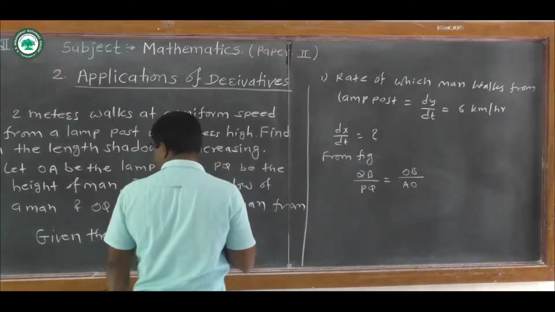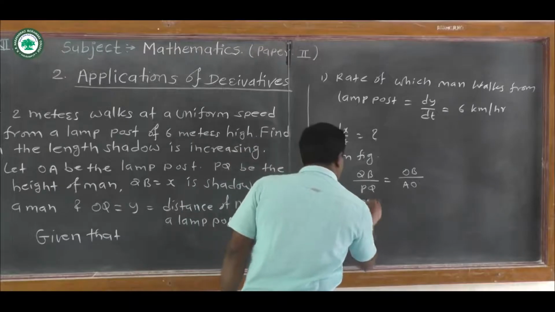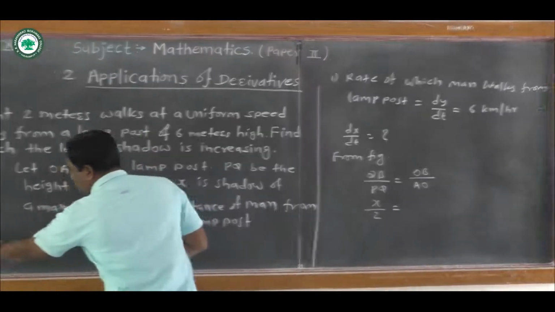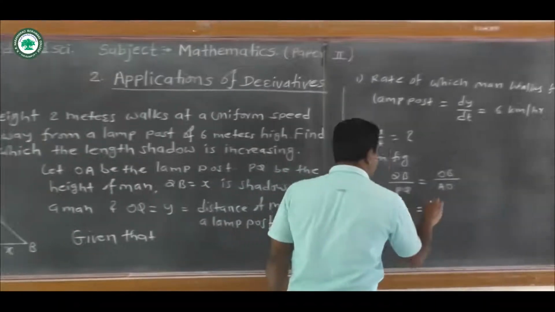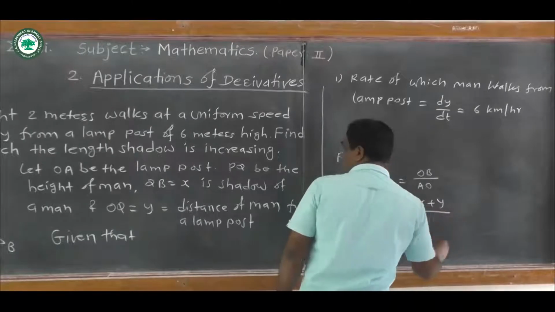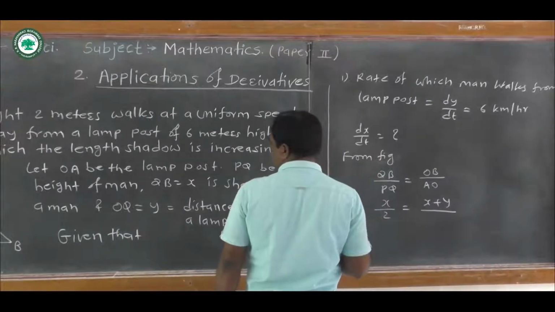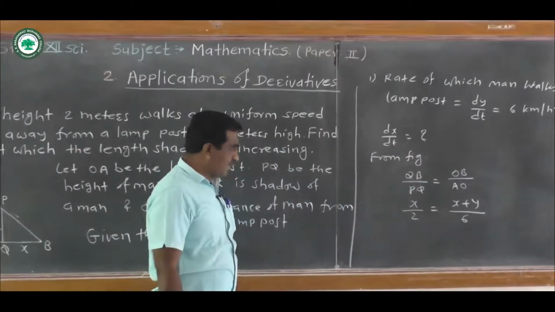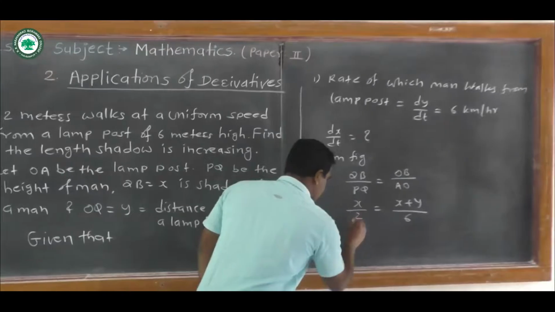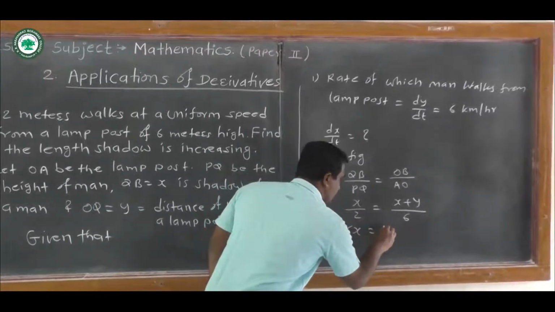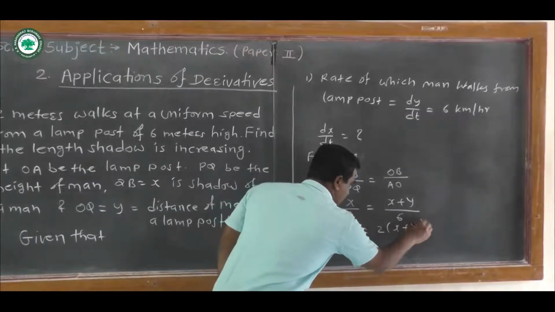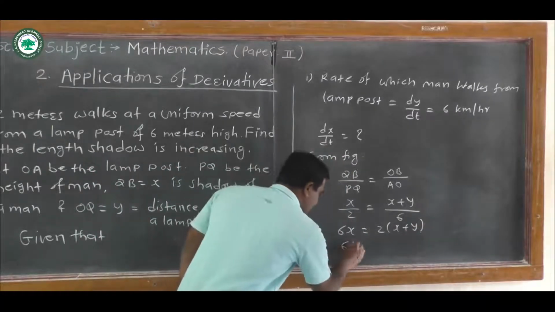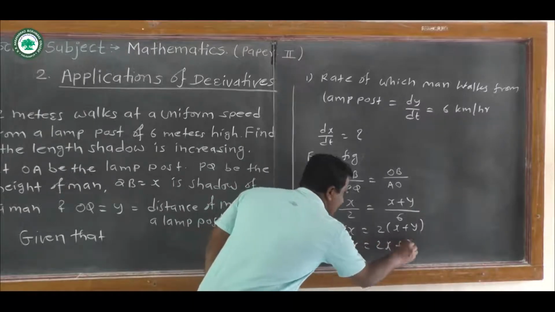That is, QB means x, x upon PQ means 2, equal to OB means x plus y, upon AO, the length of the lamp post, which is 6. Okay, now simplify this. 6x is equal to 2 into (x plus y), that is 6x equal to 2x plus 2y.